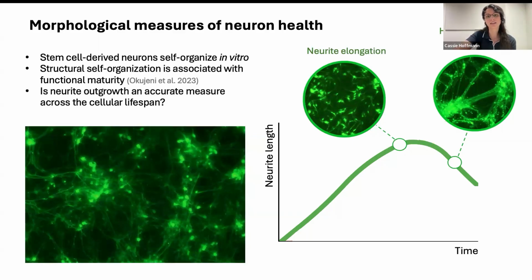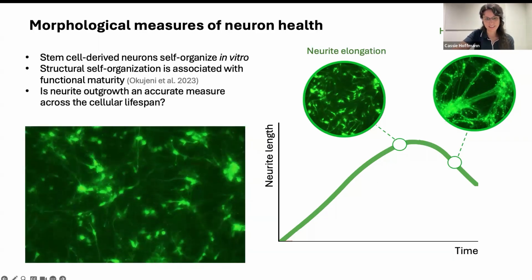After the cells exit this neurite elongation phase, they tend to enter a network organization phase where you've got the somata coalescing into these clusters here, and you've got the neurites bundling into these fascicles. And because you've got structures that are overlapping each other, that can actually confer a decrease in overall neurite length.